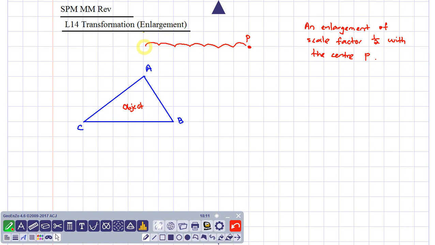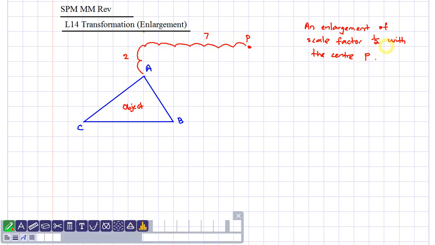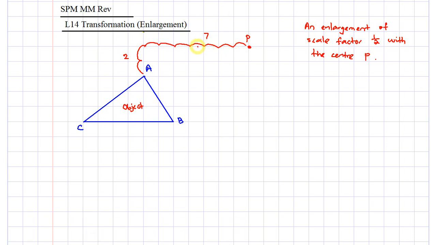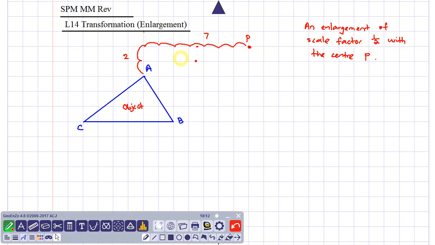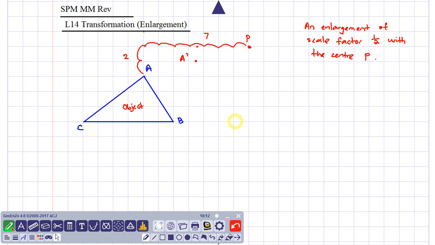So this is 7, 2. This is the scale factor 1 over 2, which means it becomes half. So it will be 3.5 and 1. So 1, 2, 3, 3.5 over here, then 1. This will be the image for point A prime.